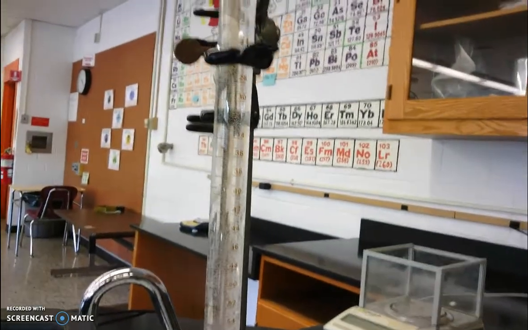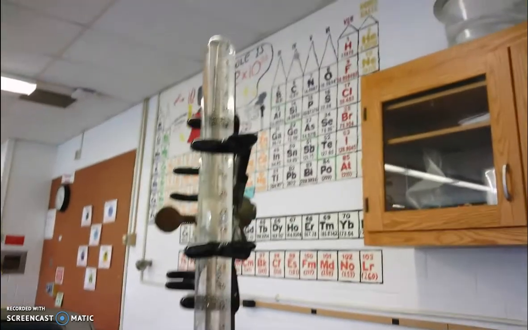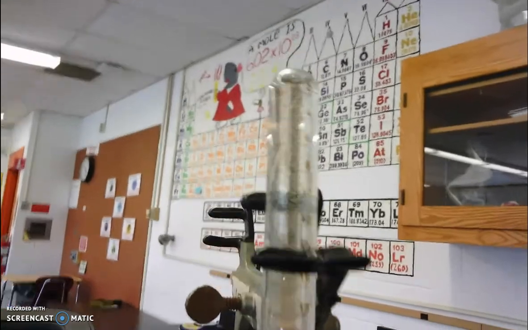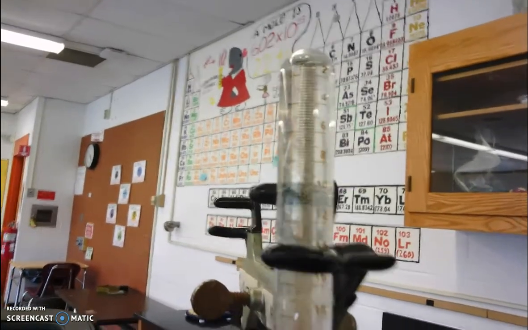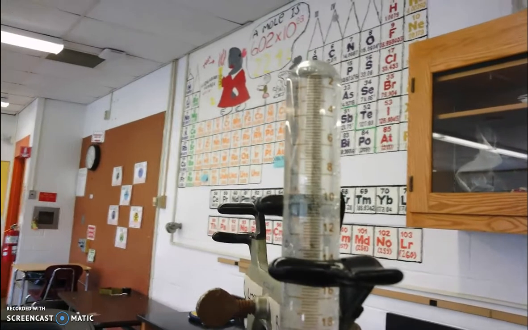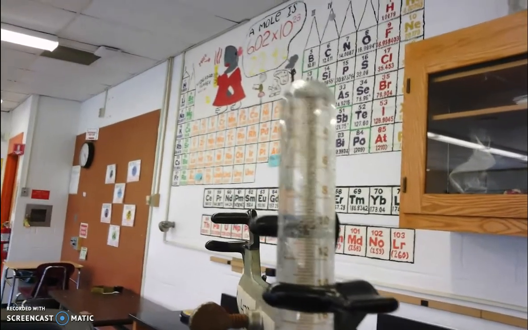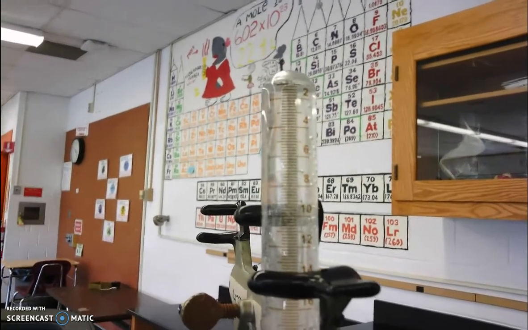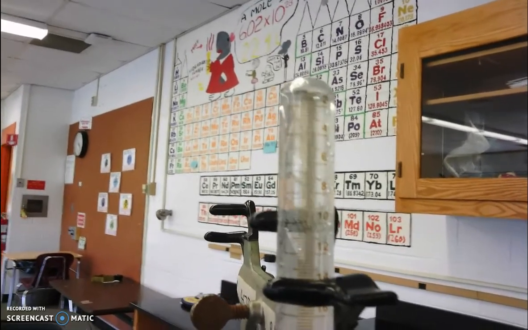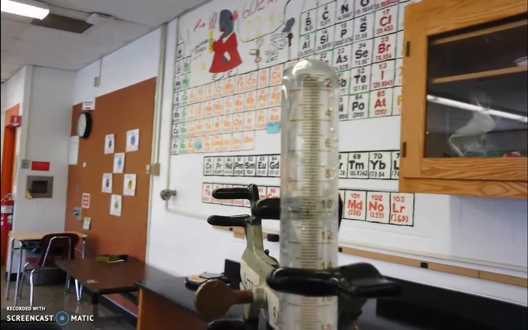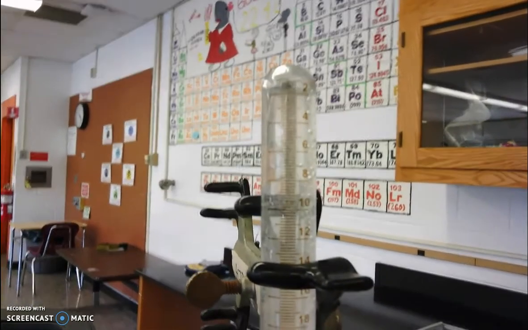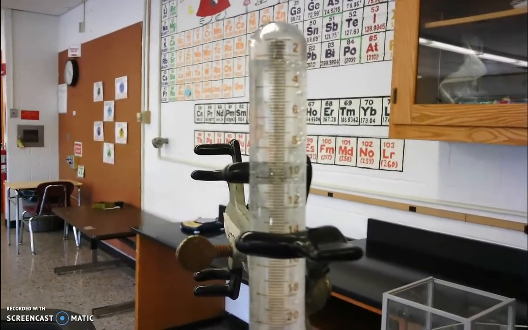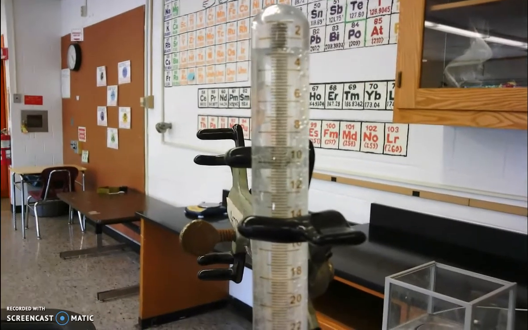If we take a look, we're starting to get an air bubble in the top of that eudiometer, and that bubble contains some water vapor, but mostly the hydrogen gas that we're generating when the magnesium and the hydrochloric acid react with each other. As that hydrochloric acid hits the magnesium more and more, the reaction is going to go faster and faster, and eventually we're going to see that our eudiometer is starting to fill up with gas.